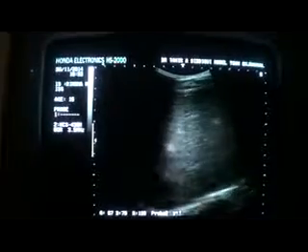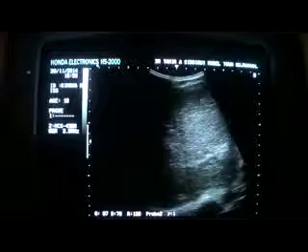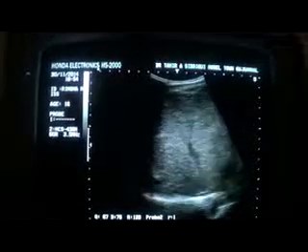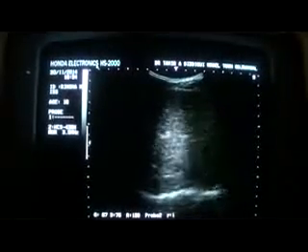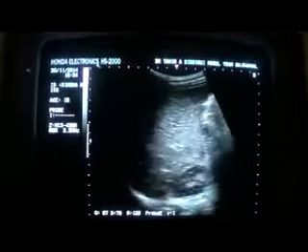In all such cases, this is done by showing the IVC and the hepatic veins. The actual reason is to rule out any possibility of Budd-Chiari syndrome.